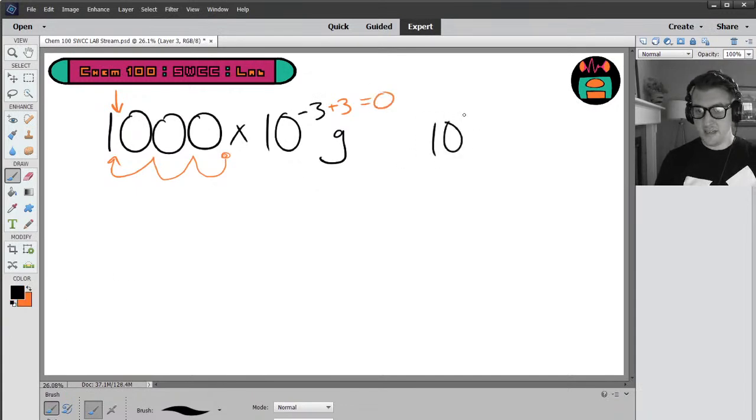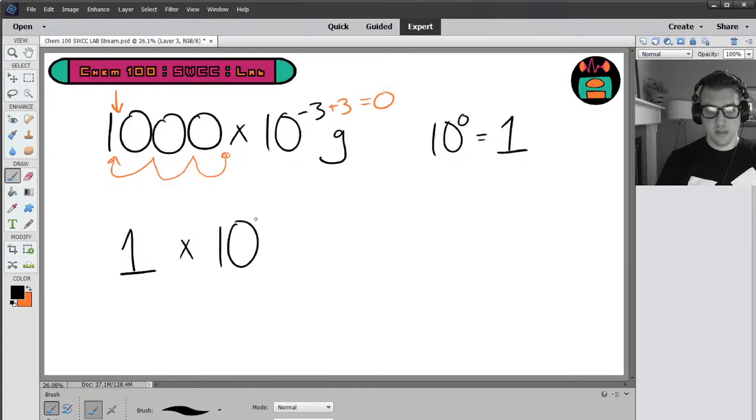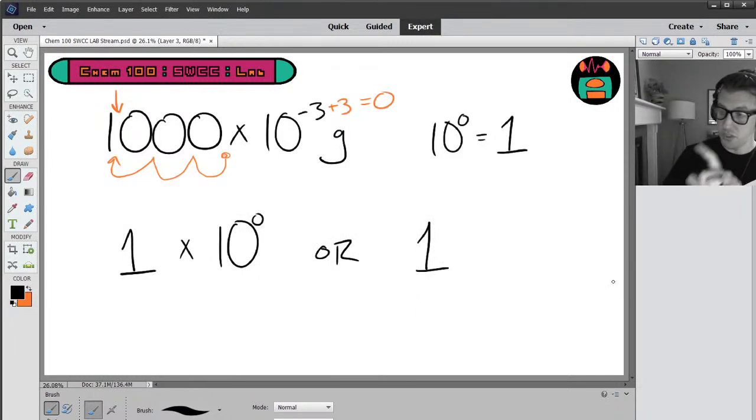And 10 to the 0 is just equal to 1. So this, in scientific notation, will just be 1 times 10 to the 0, or I will also accept just 1 as a correct answer. So you don't have to stress over that situation.